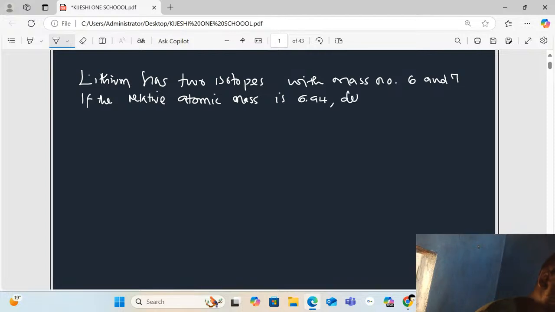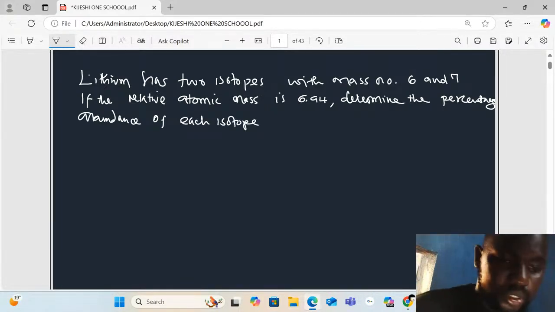Then determine the percentage abundance of each isotope.